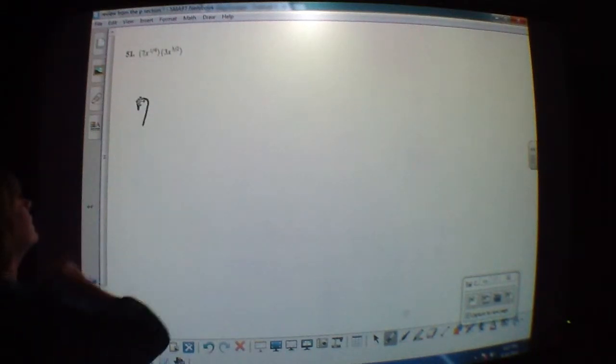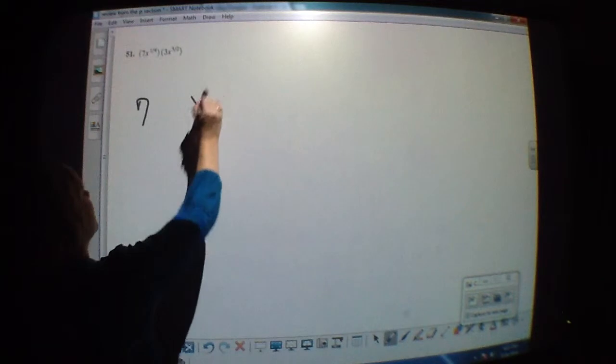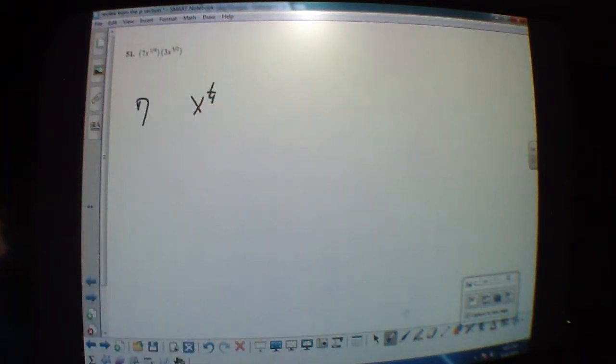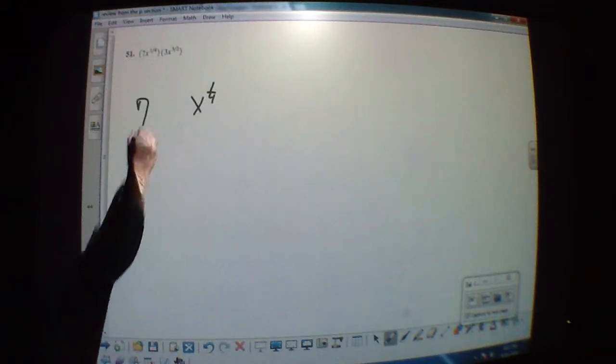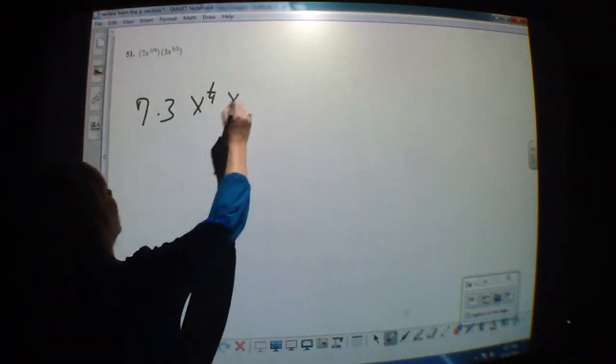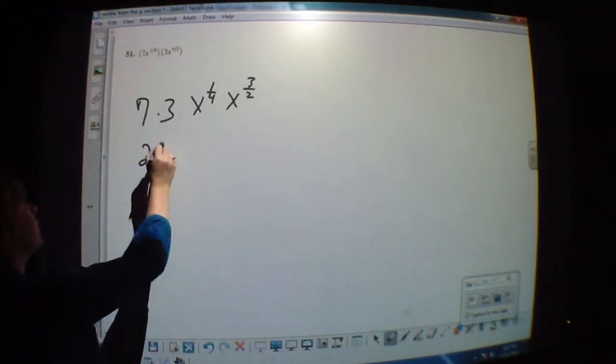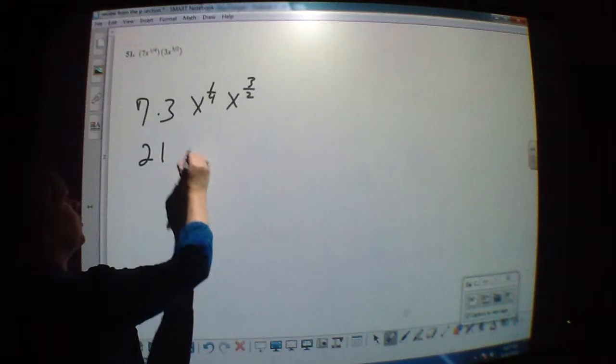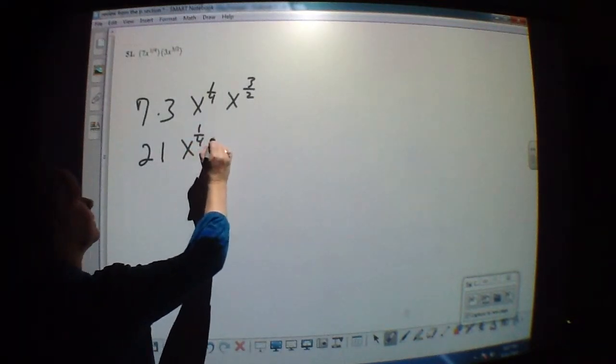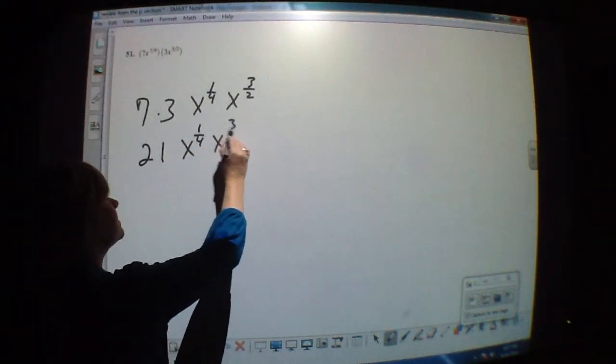Exponents. 7 times x to the 4th times 3 x to the 3 halves. I'm going to rewrite this in a different order, combining my numbers together and my variables. 7 times 3 is 21, x to the 4th times x to the 3 halves.